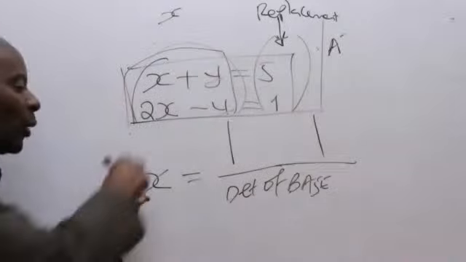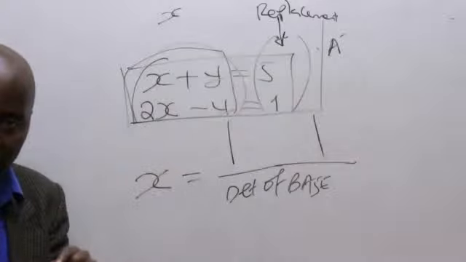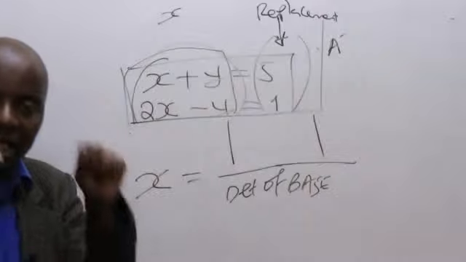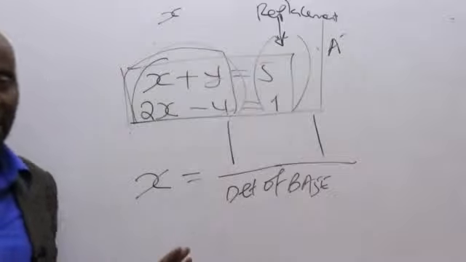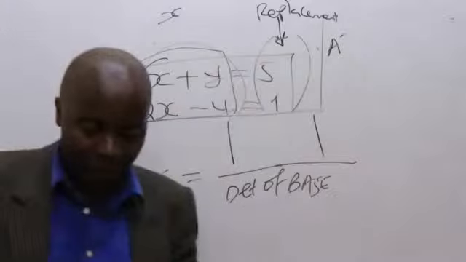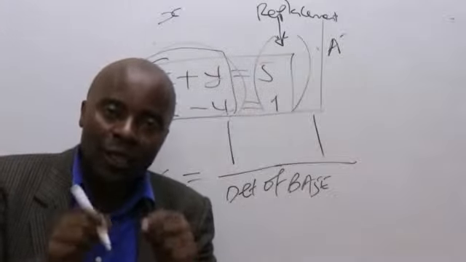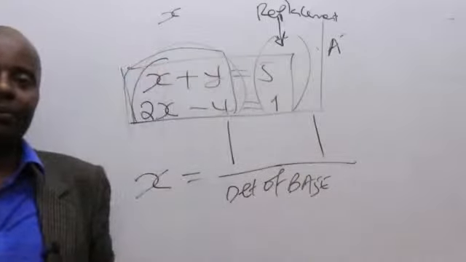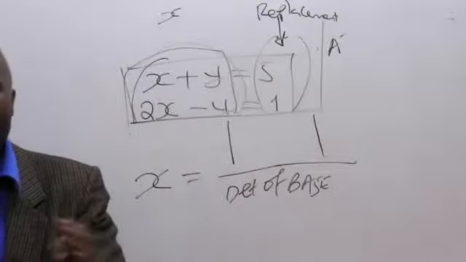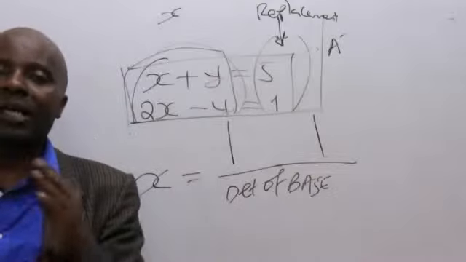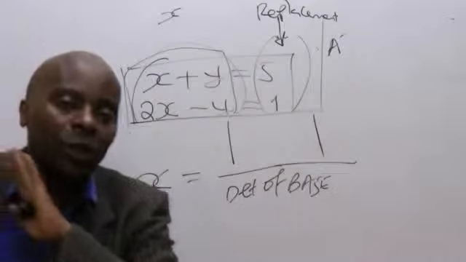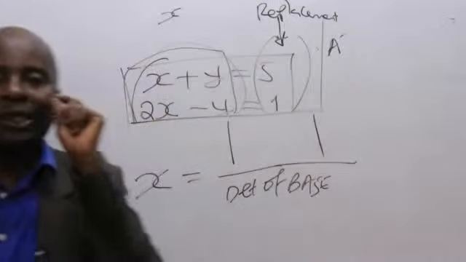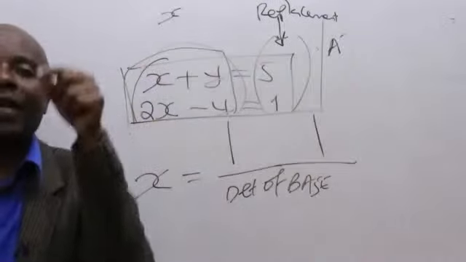If I want to get y today, the column of y must disappear. If I want to get x, the column of x must disappear. Where it goes to, I don't want to know. The most important thing is that I have a replacement.